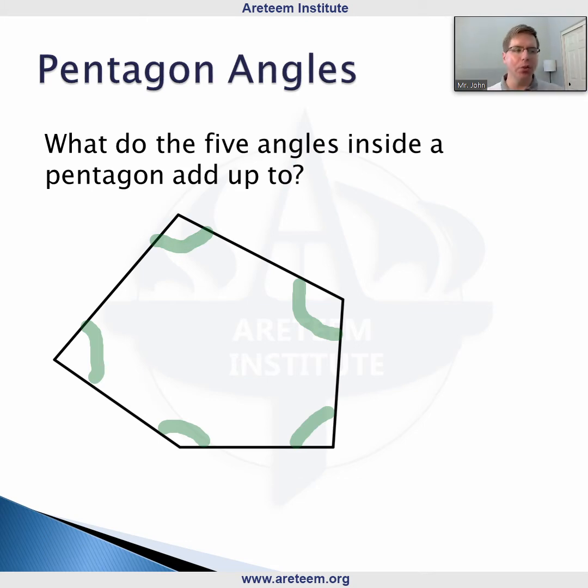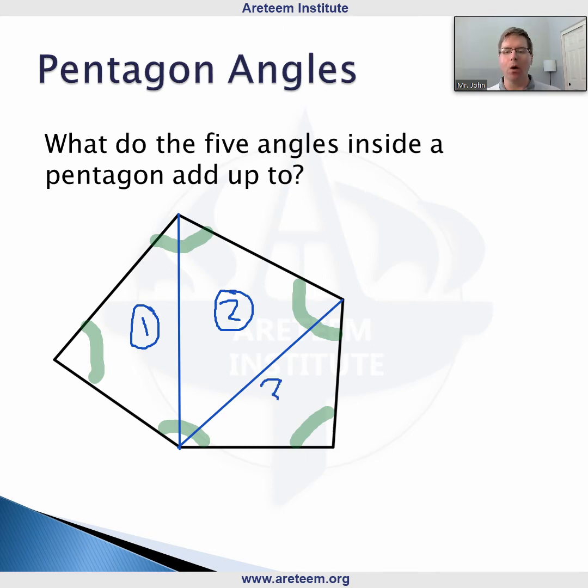Now, what we can do here is think about this pentagon as being built up of triangles. It doesn't matter how you divide up the pentagon into triangles, but let's divide it up here, and regardless of how you divide it up, connecting a vertex to another vertex, you are always going to divide this into 3 triangles.